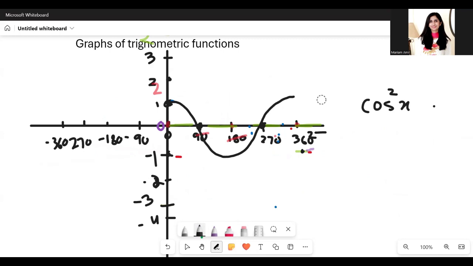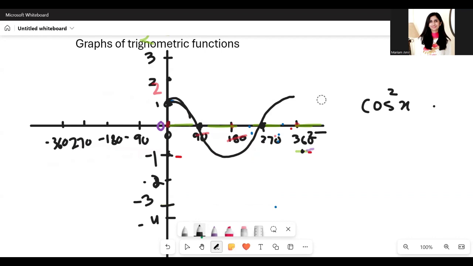Cos square would again get rid of these negative values and it's going to go upwards. And this graph, the earlier sine square graph was looking like an M. This would instead look like a W. Let me show you how. So it goes something like this.